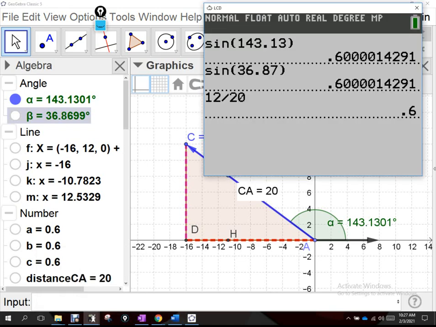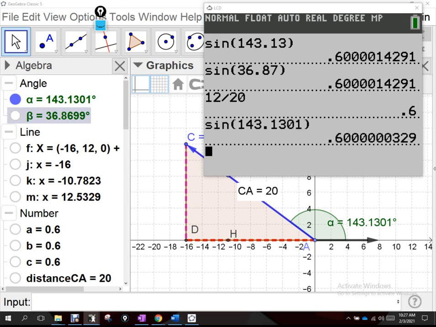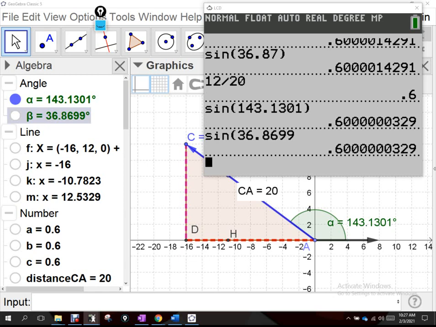So if I go sine of 143.1301, see more precision, closer to 0.6, right? And then the same thing with sine of 36.8699. Same thing.